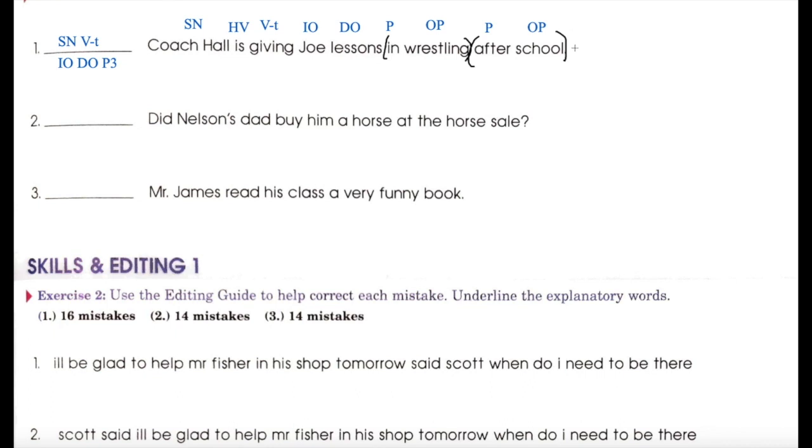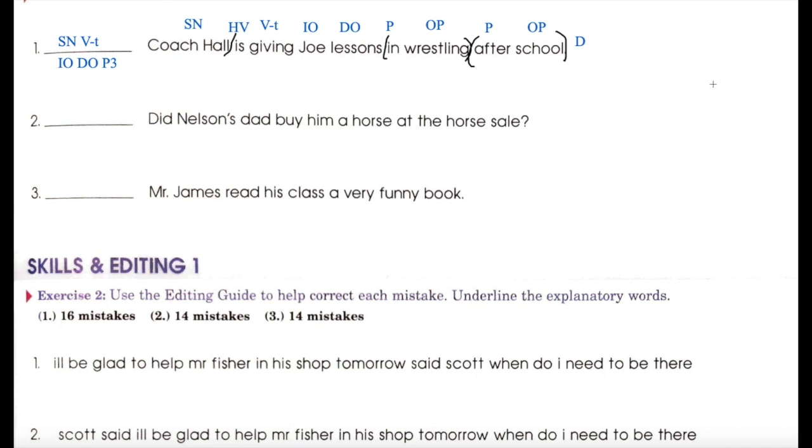We have a period, statement, declarative sentence. Let's go back to the verb, is giving. Divide the complete subject from the complete predicate. Coach Hall is the complete subject. The rest is the complete predicate.